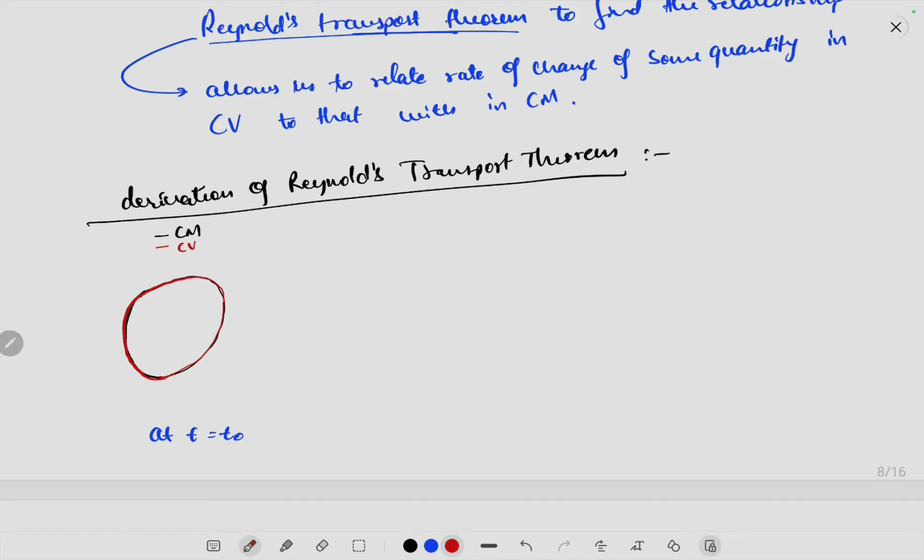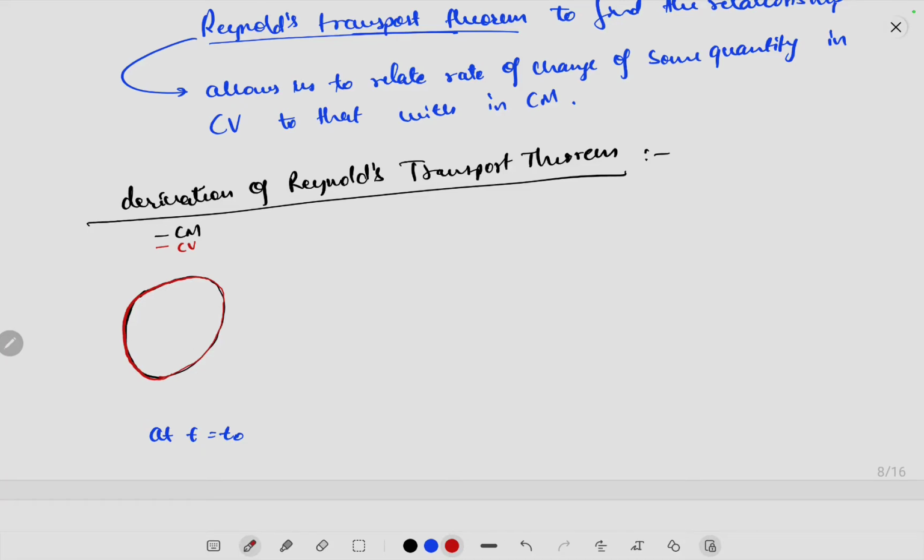Okay, now let's say because of the fluid flow, since the infinitesimal volume elements would flow, that's why this can change its shape and structure.